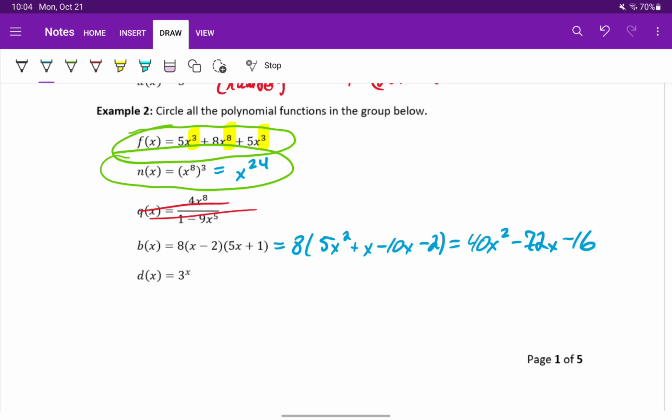And now we have all of those components. We have one or more variable terms with a whole number exponent and a coefficient. So b of x is a polynomial function, and again, 3 to the x power is not, because we need a variable raised to a number, not a number raised to a variable power.